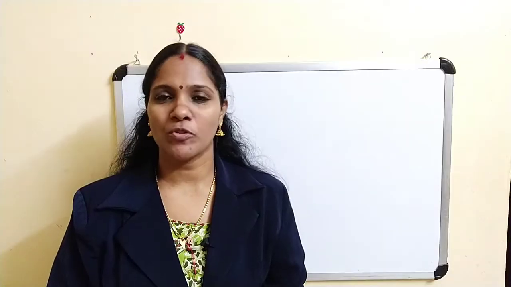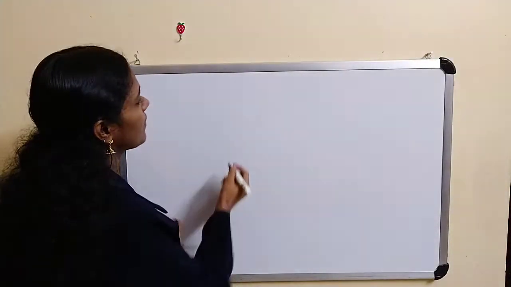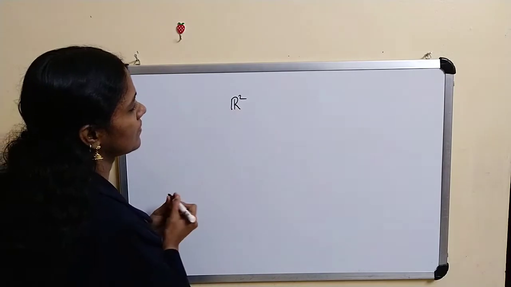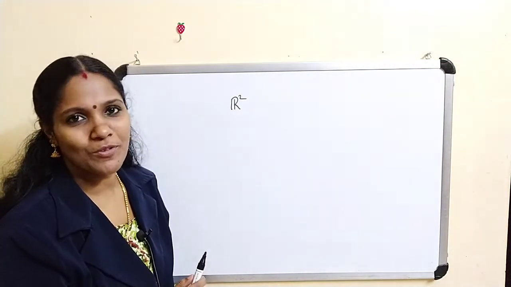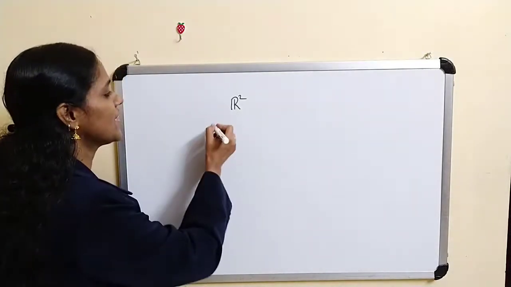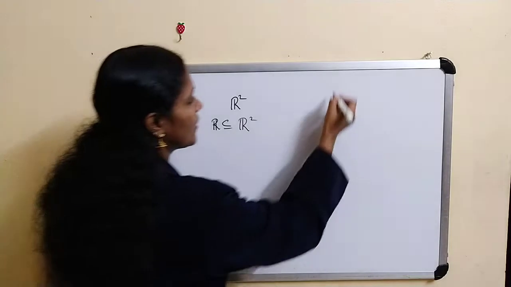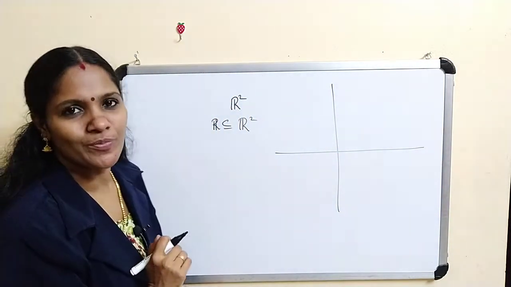Now what about subspaces of R2? Clearly R2 is a subspace of R2. If you take R2, clearly this is the plane R2.